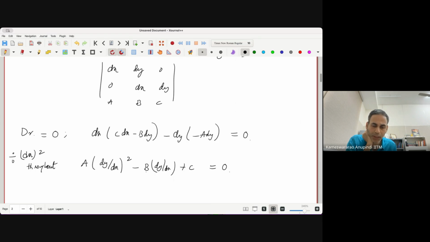So we obtained a quadratic equation in terms of dy by dx. That means if I solve this quadratic equation, I'm going to obtain the slope of a particular line.